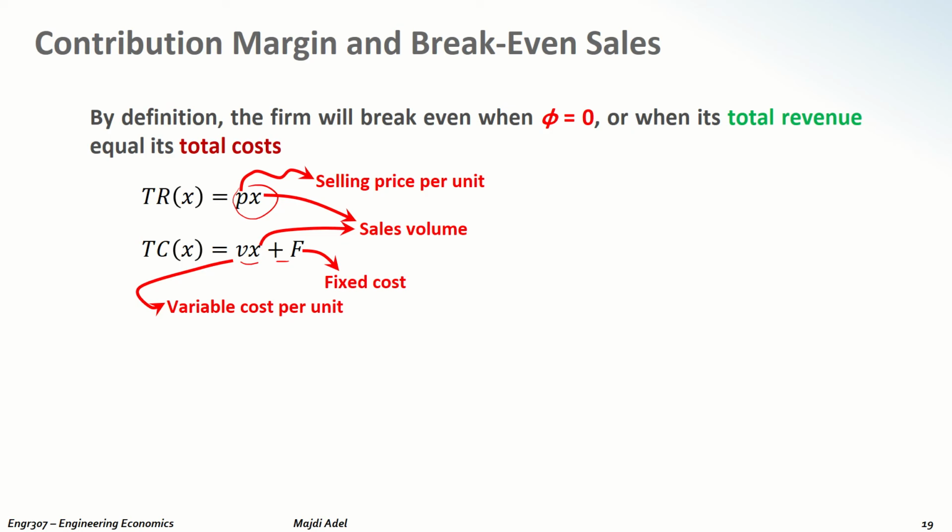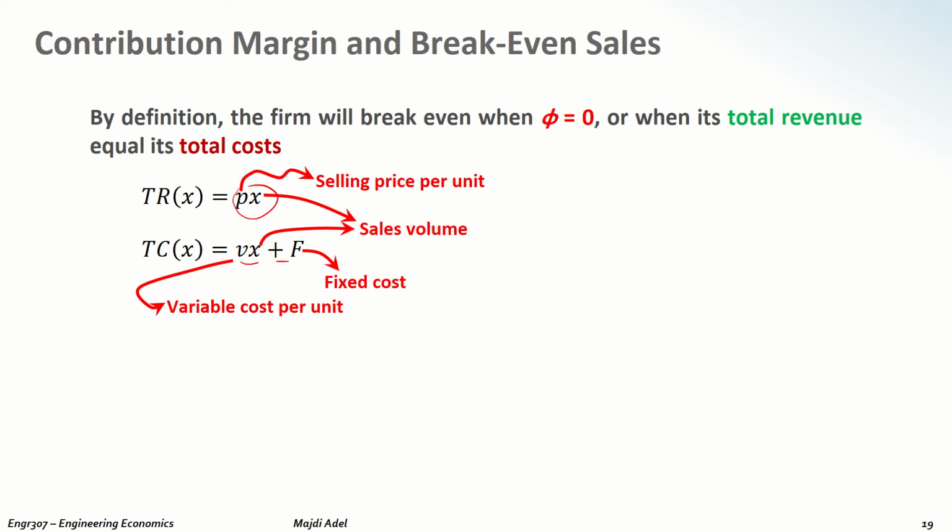Logically, the total revenue is the selling price per unit multiplied by the number of units sold, my volume index. And the total cost function is the variable cost per unit multiplied by volume index plus the fixed cost. This is the total cost.